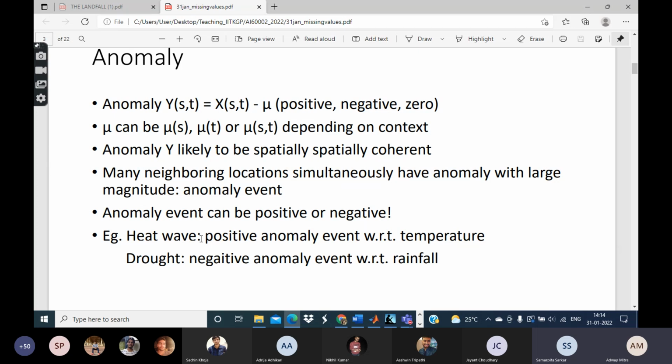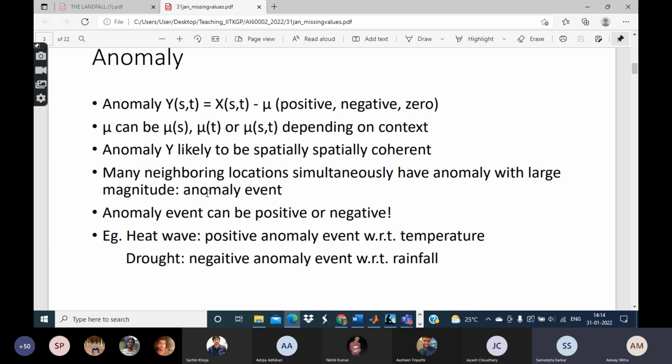It affects a significant geographical region. If such a thing happens, then we can say that several locations, or several values of S, so to say, are simultaneously experiencing a positive anomaly of high magnitude or a negative anomaly of high magnitude. So such situations are known as anomaly events.